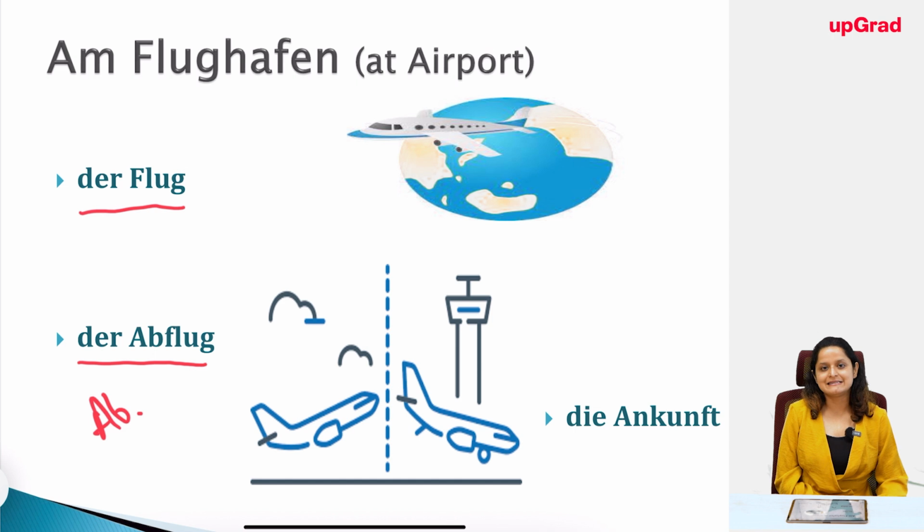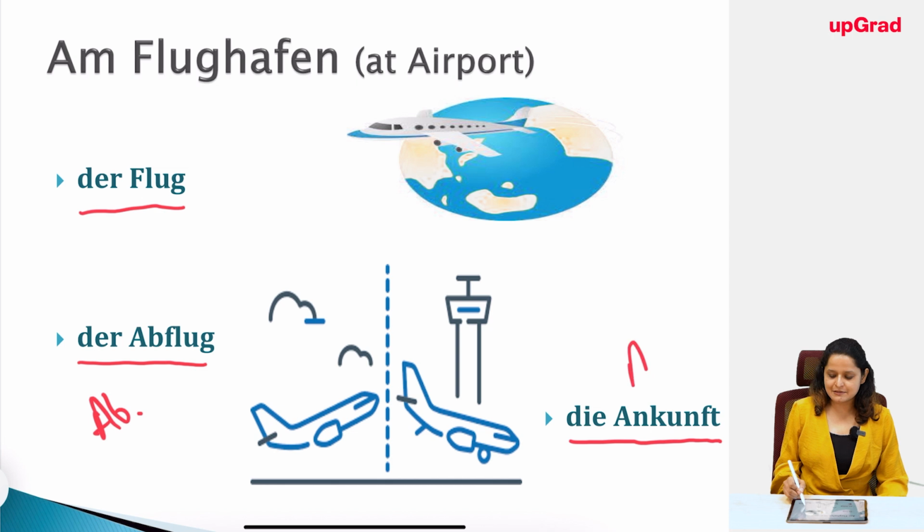This represents departures. The next word that we take here is the word die Ankunft, which means arrivals. So whenever you are looking at flights arriving, the word that is used is der Ankunft, sometimes written in short with a dot, which is Ankunft. So this is departures and this is arrivals.